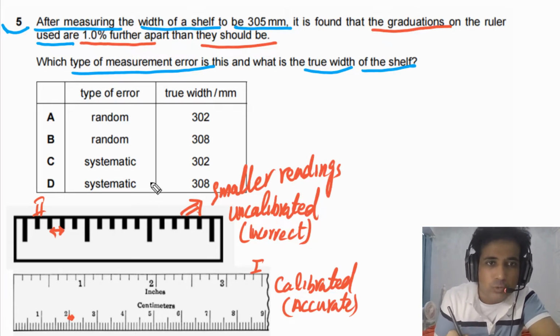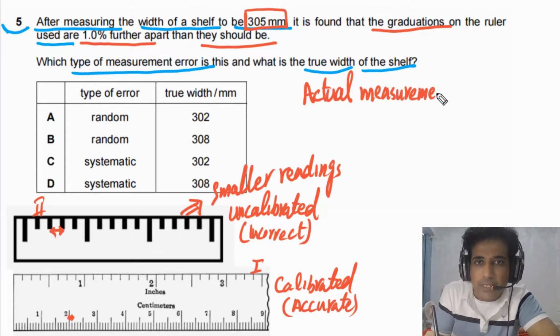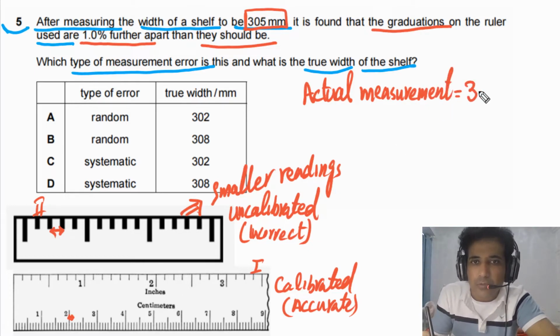We have used this one and we got our answer equal to 305 mm. So it simply means that the actual measurement has to be greater than 305. So we can write down here, actual measurement is equal to 305 plus 1.0% of 305.